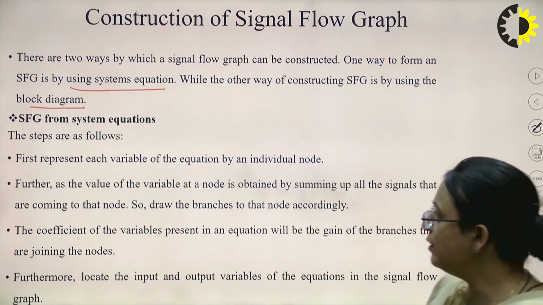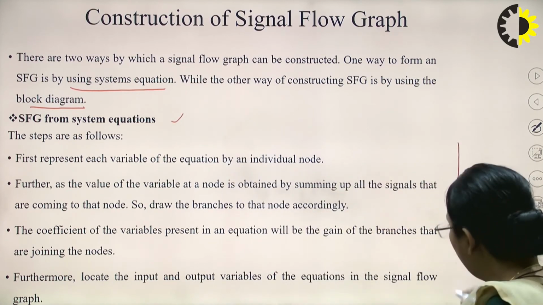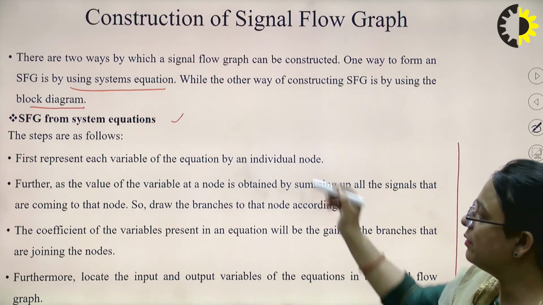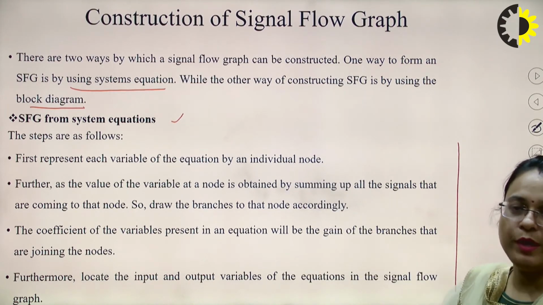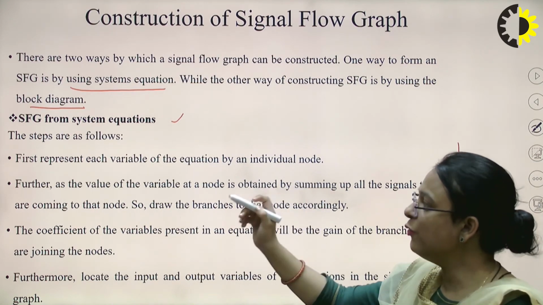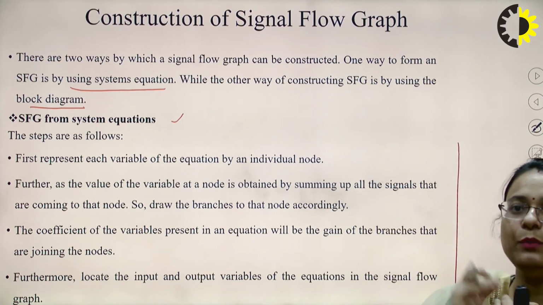The first one is, when we have the system equations with us, then while drawing the SFG from the system equations, these steps must be kept in mind. First of all, represent each variable of a system by an individual node.